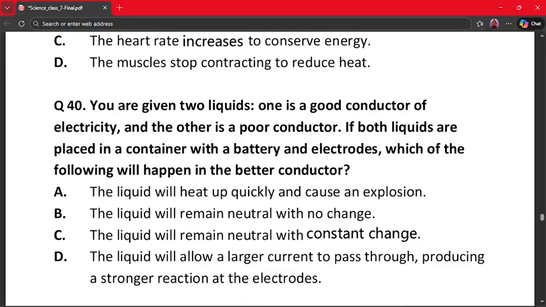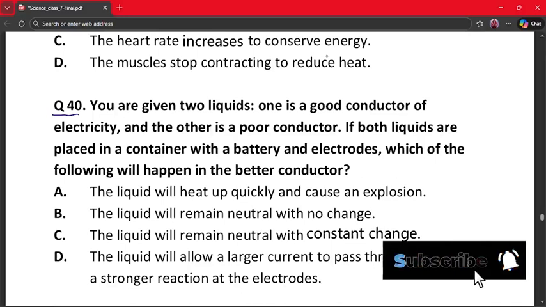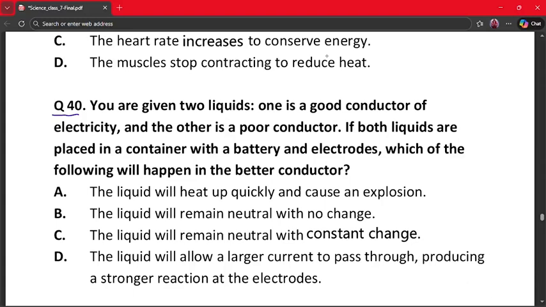Our next question is question number 40. You are given two liquids. One is a good conductor of electricity and the other is a poor conductor. If both liquids are placed in a container with a battery and electrodes, which of the following will happen in the better conductor? A. The liquid will heat up quickly and cause an explosion.